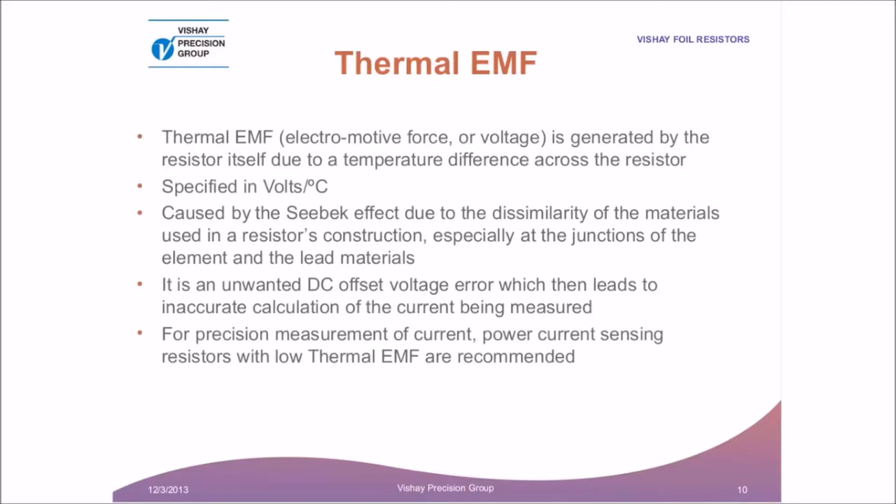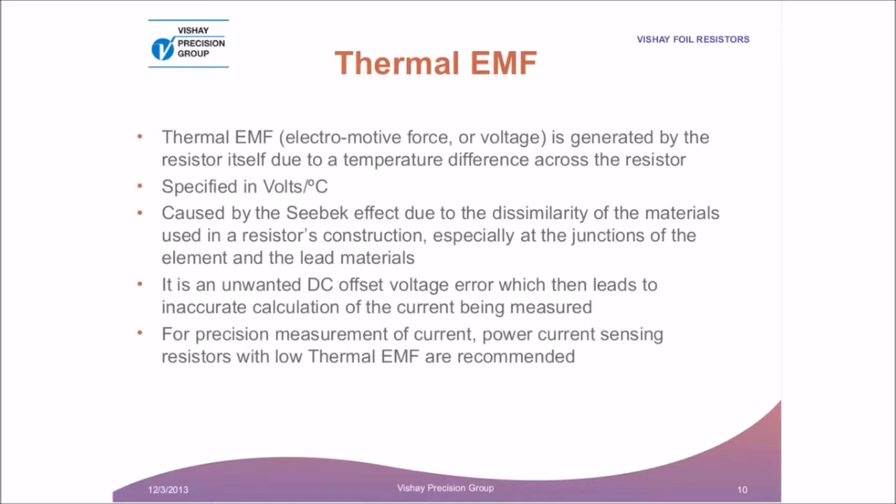However, this is an unwanted DC offset voltage error and can possibly lead to an inaccurate calculation of the current. The reason is that in the application, the current, say, has increased to a certain value, and we measure the voltage expecting that to represent exactly the current, but what we don't want is any additional voltage generated by the resistor itself due to thermal EMF, which then would become an error, and we would not be able to differentiate it from the voltage measurement of the current.